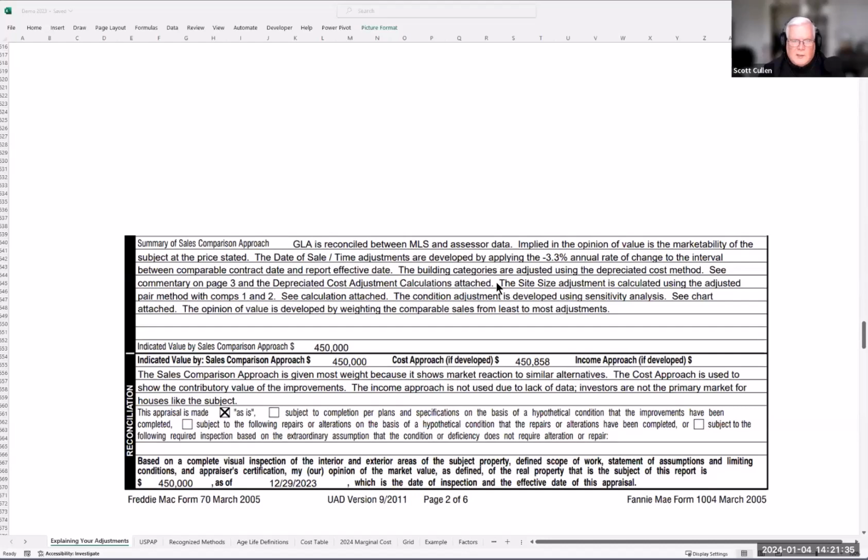And then in this case, we're going to do a site size adjustment, and we're going to calculate that using adjusted pairs with comps 1 and 2, and the calculation is included. And then the condition adjustment we're going to develop using sensitivity analysis and refer to the chart that'll be included, and then state how we reconciled within the cost approach.